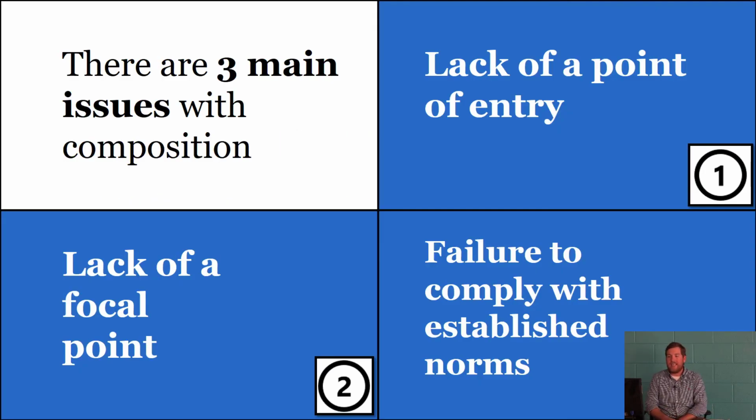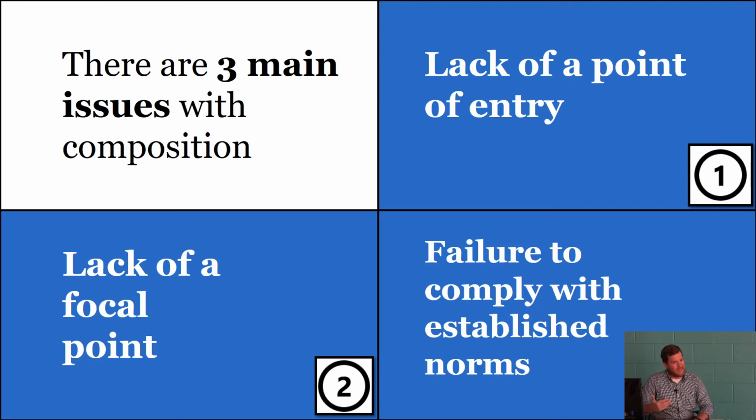And so, three main issues with composition, and we've touched on all of these up to this point. A lack of a point of entry. That's like that slide earlier that had so much going on with all the colors and everything. You don't really know where to look first. A lack of a focal point.